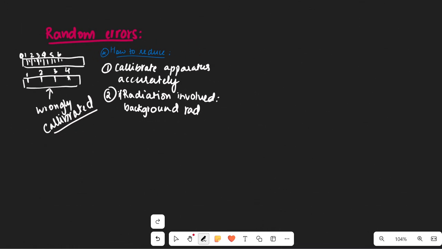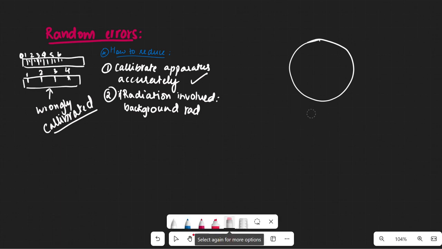For those of you who don't know what background radiation is, you might have learned this in your GCSEs. The Earth already has some amount of radiation being emitted from it. Rocks, stones, soil, everything emits radiation, and that's what you call background radiation. So whenever you do an experiment with radiation involved, you always need to take account of the background radiation.